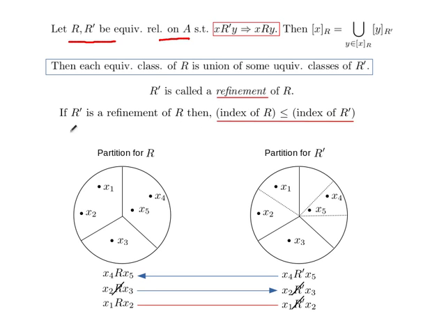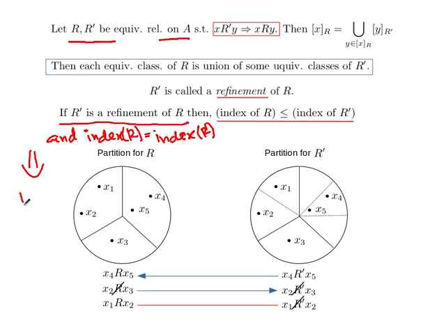So I am saying that if R prime is a refinement of R, and if you have the index of R equal to the index of R prime, then that means R must be equal to R prime, right?